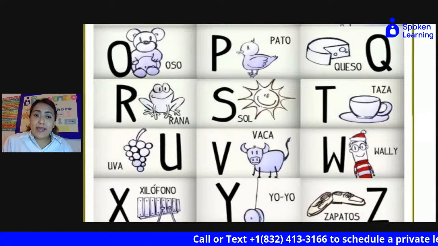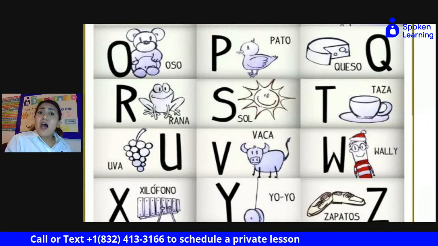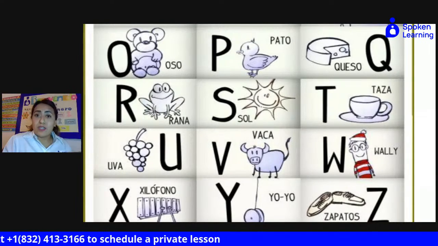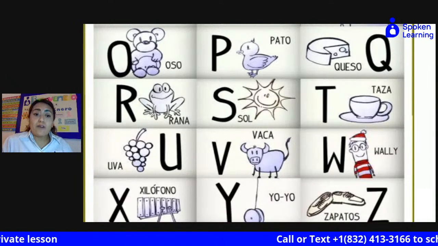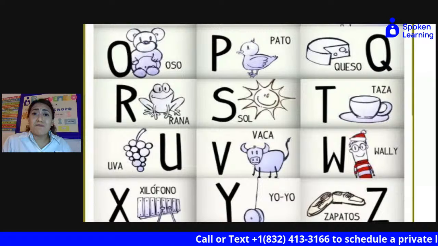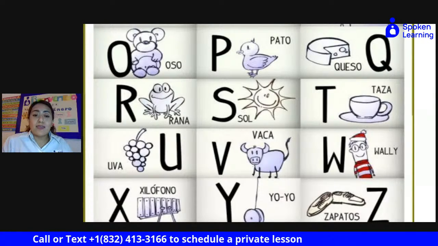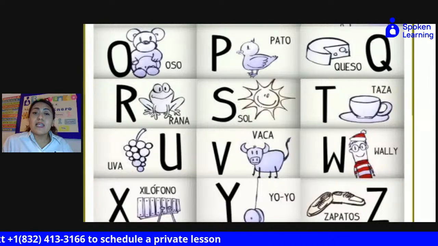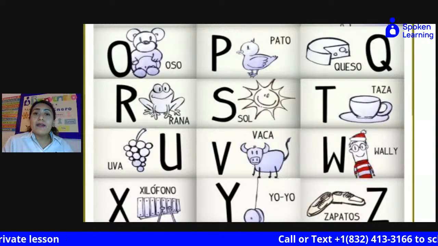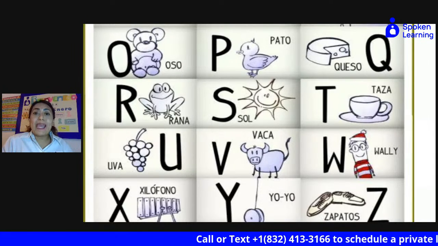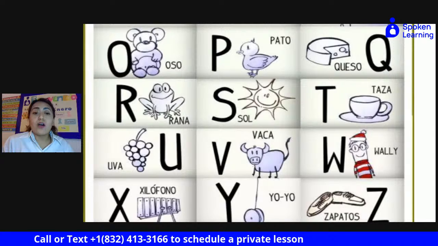Some of the words that have X change a little bit because our indigenous language used to be Nahuatl. So in Nahuatl, we have some words with X, which makes the sound different. But in this case, the example is xylophone. Xylophone. Like X, X, xilófono.